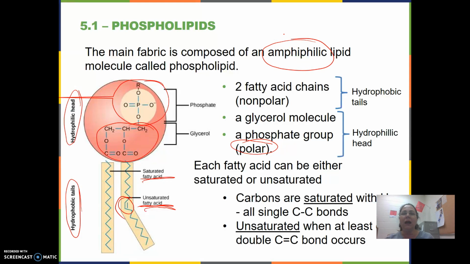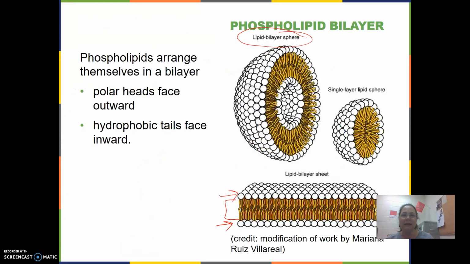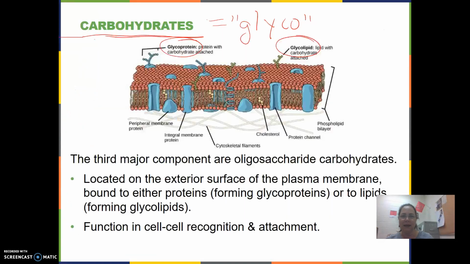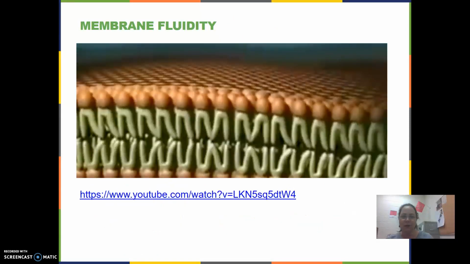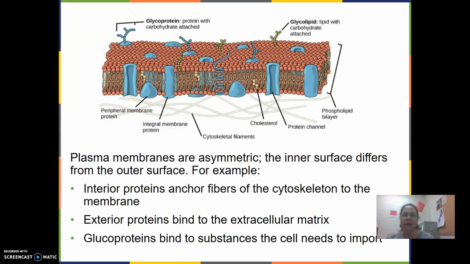Phospholipids are amphiphilic because they contain a hydrophilic head and a hydrophobic tail. So that's what amphiphilic is. It means it's got a hydrophilic end and a hydrophobic end. Now let's go back to, of course, a repeat of the fluid mosaic model.